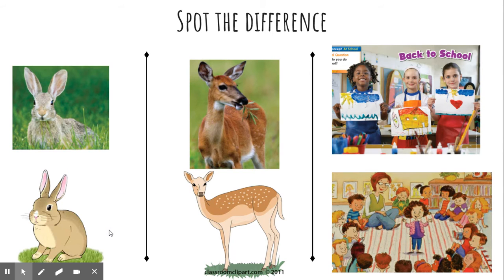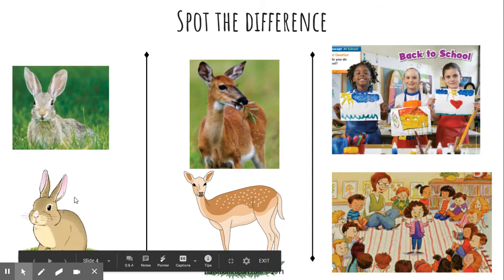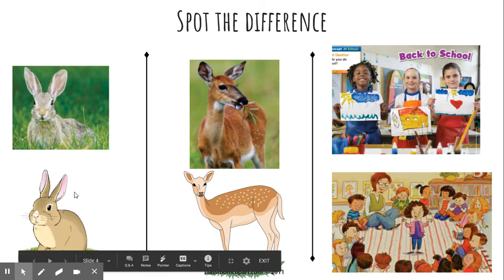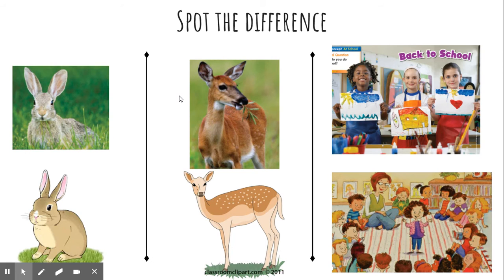After you watch the video, think about the differences you see between all of these pictures and illustrations. Let's look at this first column. Look at this photograph or this picture. Now, look at this illustration. What do you notice? What about the second column?